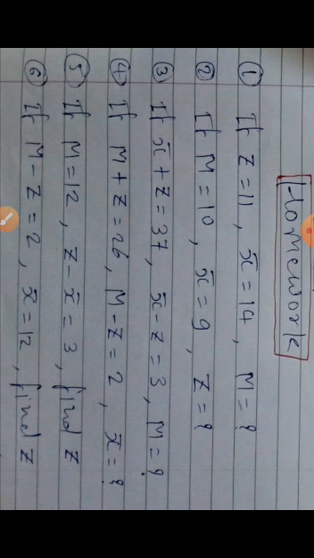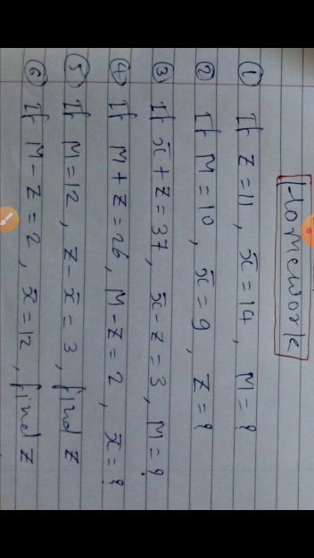Example 1 relates to numbers 1 and 2. Two values are given. In the first one z is given, x bar is given, m is asked. In the second one m is given, x bar is given, z is asked. So these two sums are based on example number 1. Now you can take a screenshot or write it down, either copy it in your book or take a screenshot of these homework photographs.